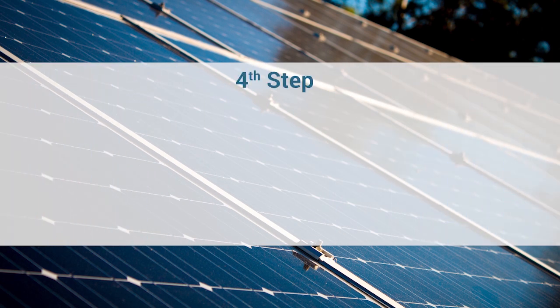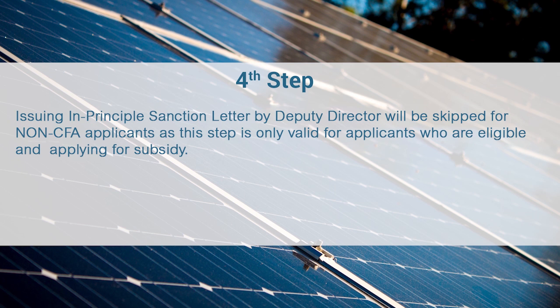The fourth step, issuing in-principle sanction letter by Deputy Director, will be skipped for non-CFA applicants, as this step is only valid for applicants who are eligible and applying for subsidy. In step 5, the applicant shall upload the interconnection agreement with DISCOM.